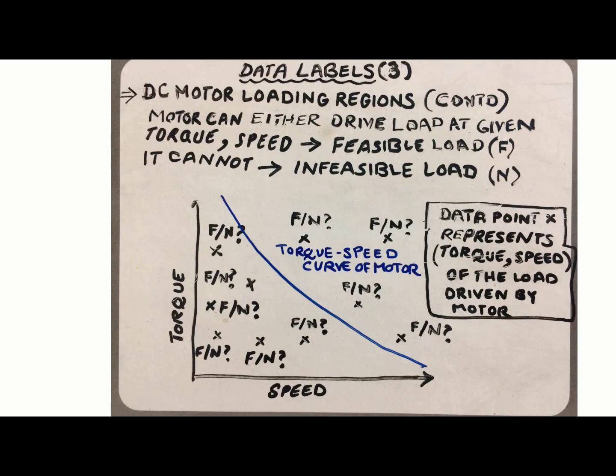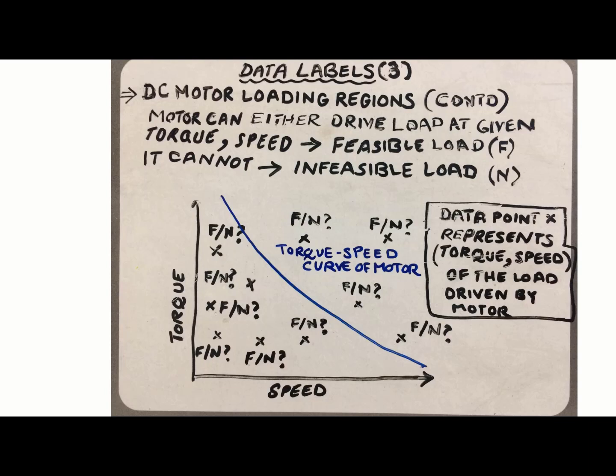So what is a recipe to discriminate between feasible and infeasible load? I think the answer is simple. Recall the torque speed curve, this blue curve here. This torque speed curve is obtained by running the DC motor at constant power, and that defines the boundary between the data points.